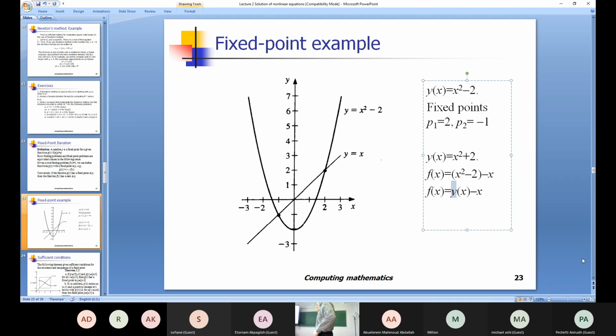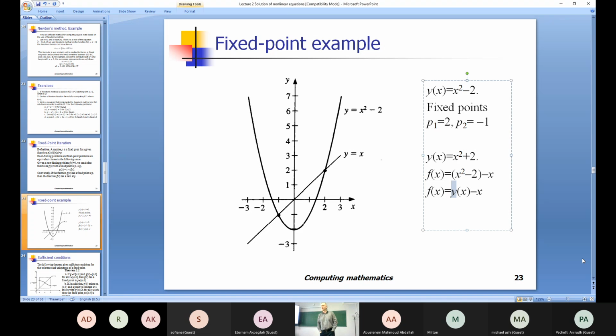Well, this is the main point, the main relation between root finding problem and the fixed point problem. Is it clear that these two problems are related?